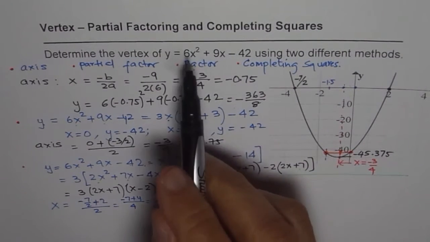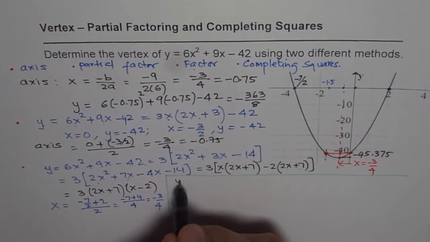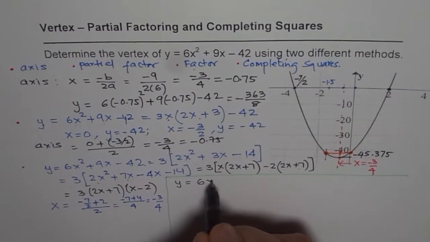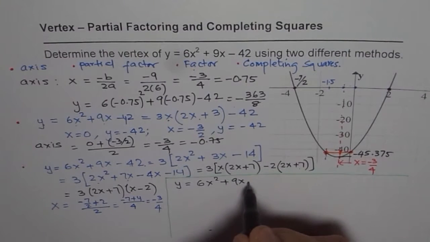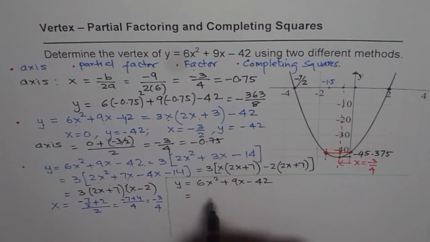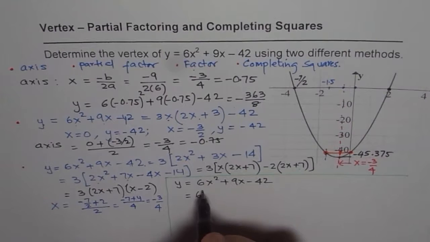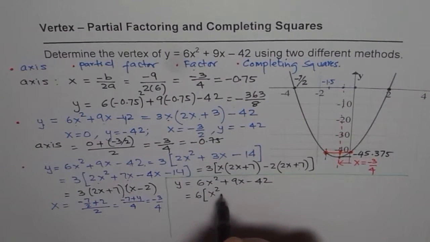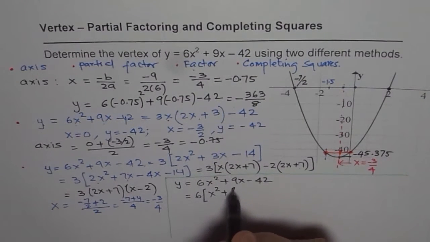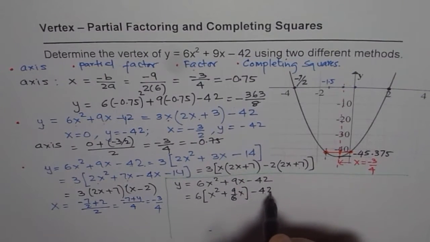So let us complete the square and get our answer. We have the equation y equals 6x squared plus 9x minus 42. So let us take 6 outside the brackets and we get 9 over 6, x minus 42.